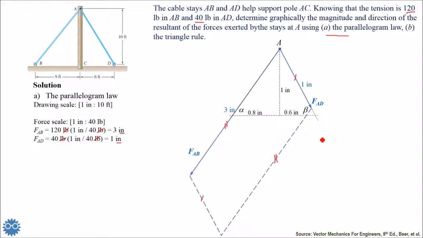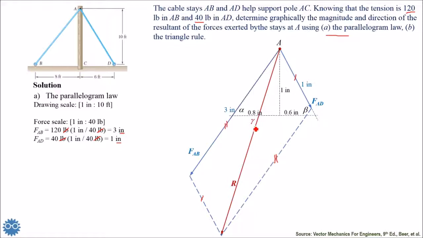So in this case, we can get the resultant vector just by connecting the point A to the point of intersection of the two parallel, dashed lines, as you see. So this will give us the value R, or the resultant of these two forces.